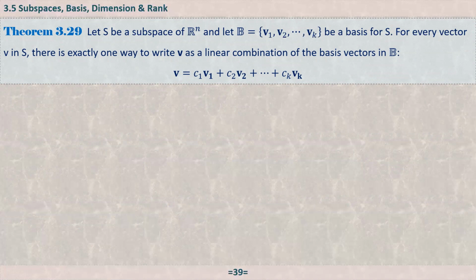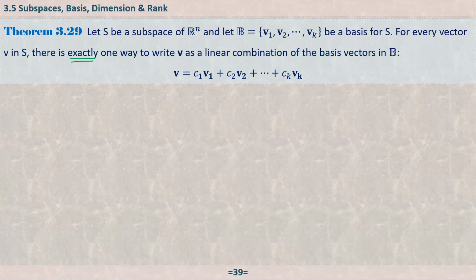It says: let S be a subspace of Rn, and let B, containing the vectors v1, v2, ..., vk, be a basis for S. For every vector v in S, there is exactly one way, that's important, that means a unique way, to write v as a linear combination of the basis vectors in B. So if we are talking about Rn, say a 10-dimensional space, and some subspace S, and we know its basis B contains these vectors v1, v2, ..., vk.